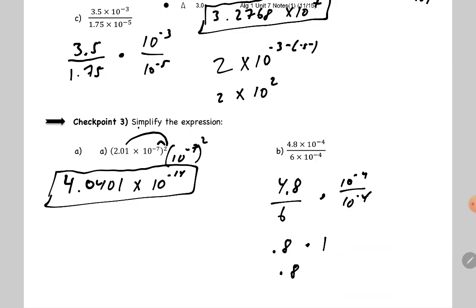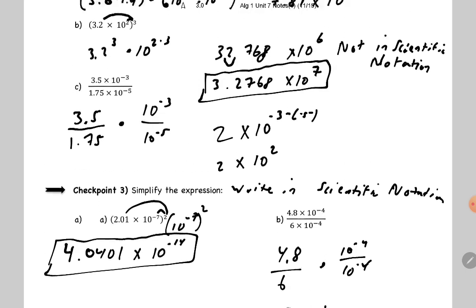Oh, actually, it only tells us to simplify the expression, so we would be done. But if it says write in scientific notation, we would have to move the decimal place 1 unit to the right, which means this is 8 times 10 to the negative first.